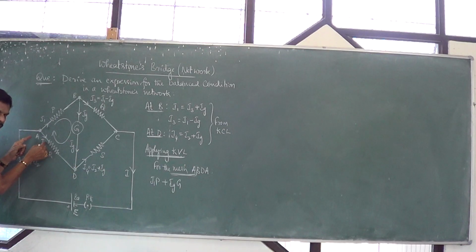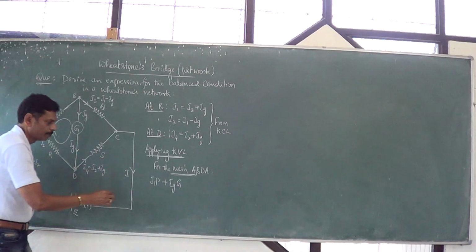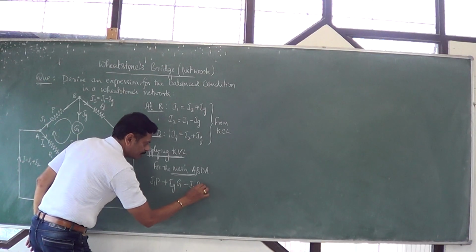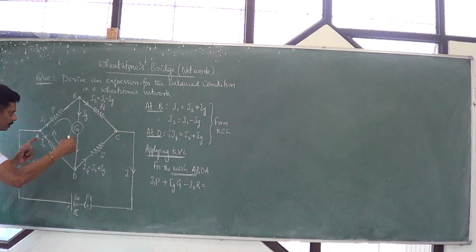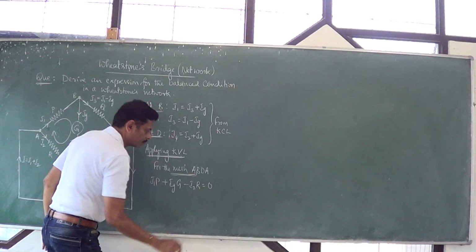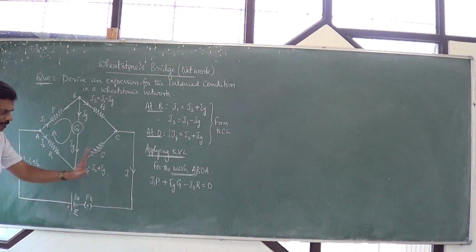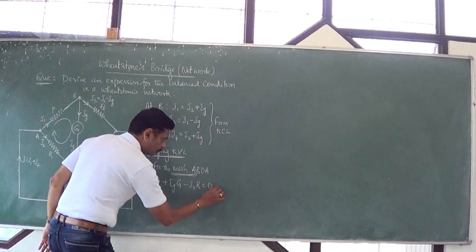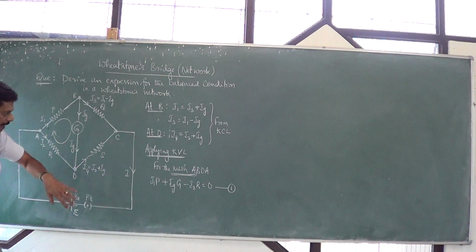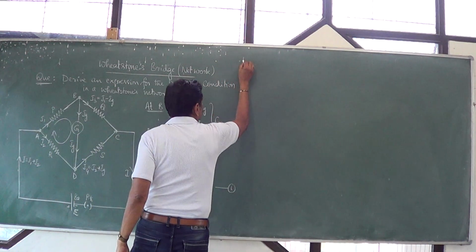Now it is coming here, minus I2 into R, is equal to the sum of the EMFs. Here there are no batteries or cells connected, therefore I will take that as 0. This is equation number 1.